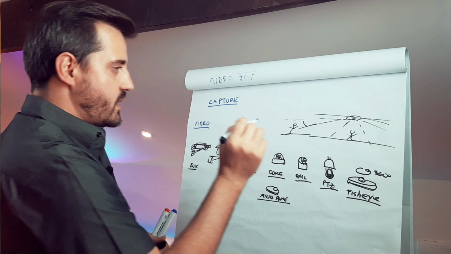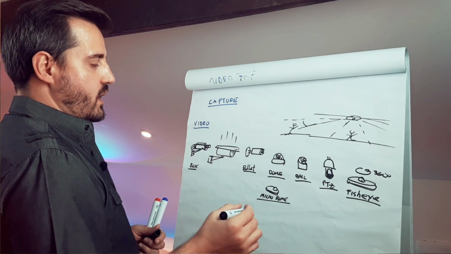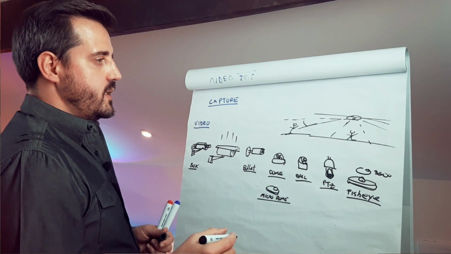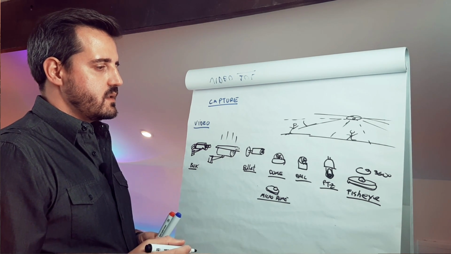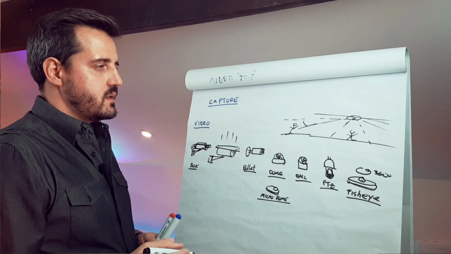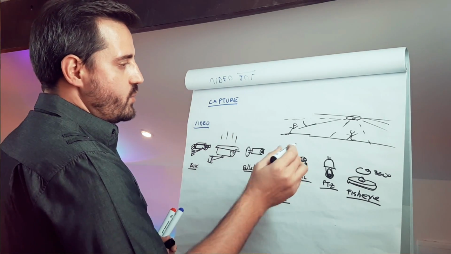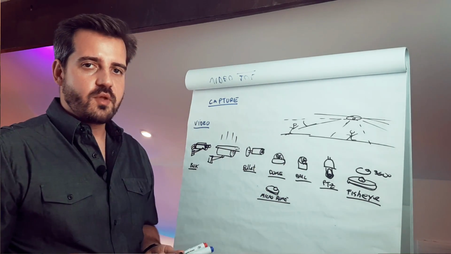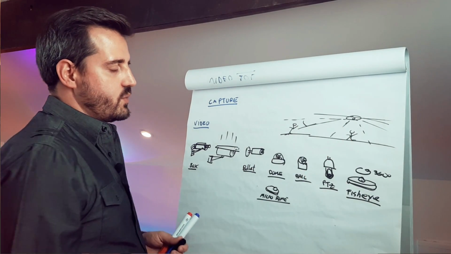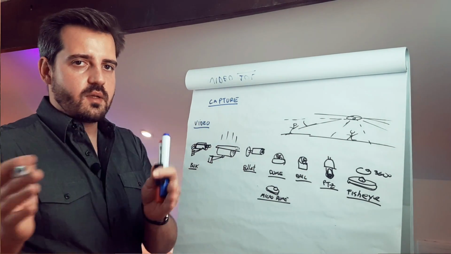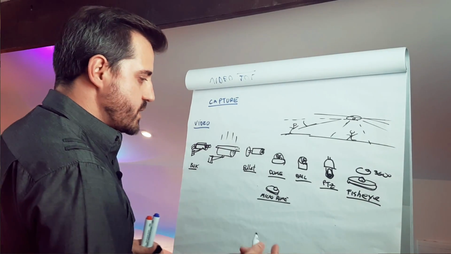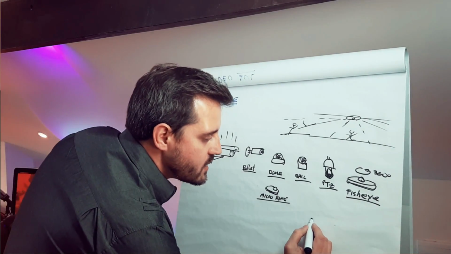And this situation can be handled. We have a specific type of camera that can handle these situations, where you can have the full resolution per area that you are looking at, which is the multi-sensor.